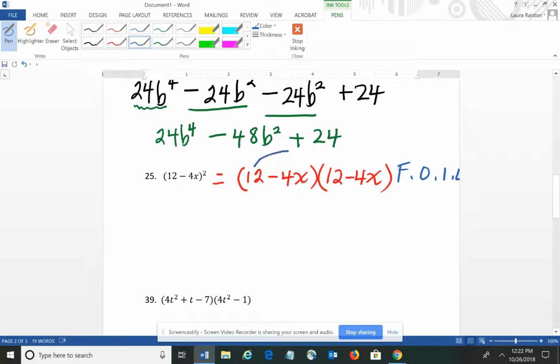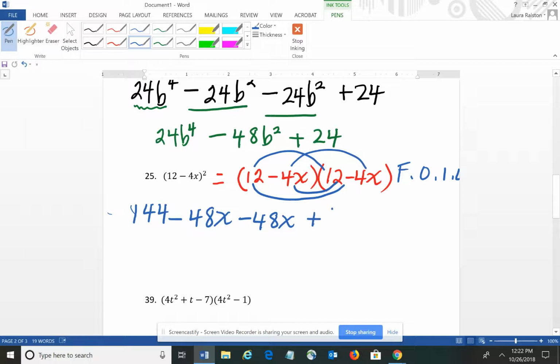So I'm going to do 12 times 12, which is 144. 12 times minus 4x is minus 48x. Negative 4x times 12 is negative 48x. And then finally, negative 4x times negative 4x. Negative times negative is a positive. 4 times 4 is 16x to the second. Now, again, we go back and combine like terms.